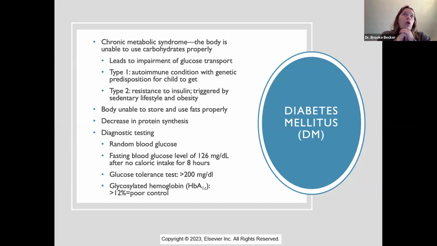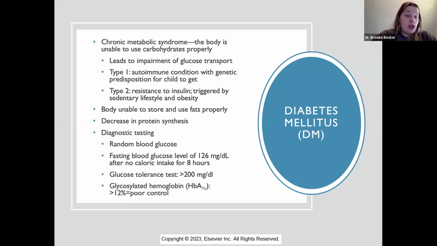So this is more common with people who are obese or have sedentary lifestyles. With diabetes, your body is unable to store and use fats properly, so you also have a decrease in protein synthesis.